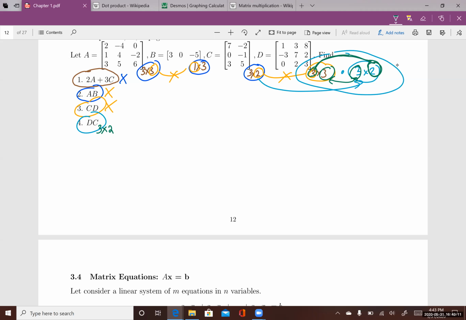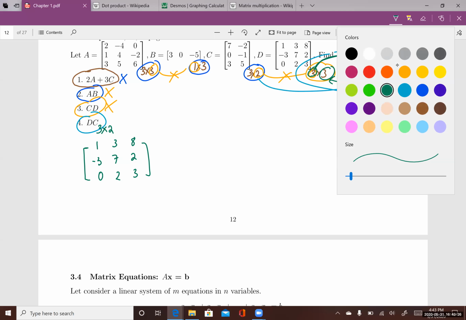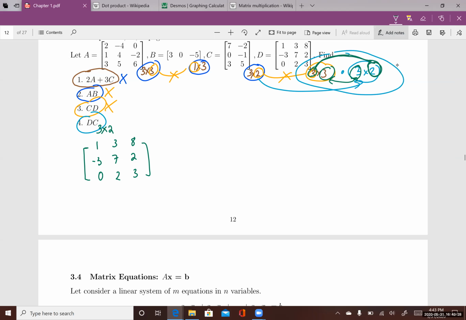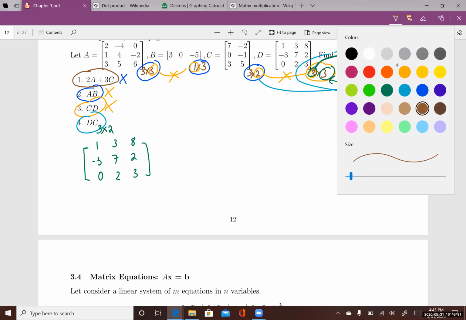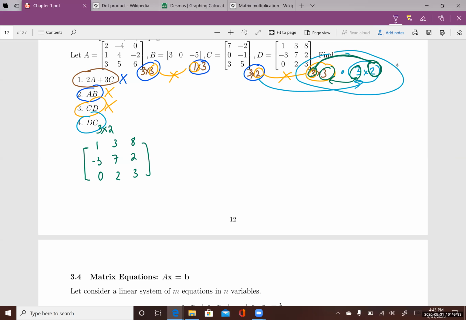Let me rewrite matrix D: 1, 3, 8, then -3, 7, 2, and then 0, 2, 3. And then I have the matrix C. This is D and this is C. Matrix C is 7, 0, 0, -1, 3, and 5.